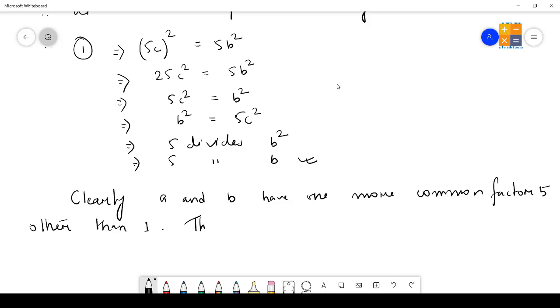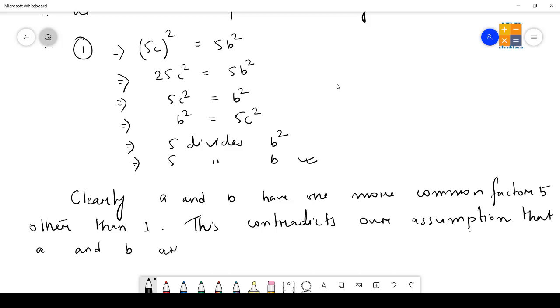This contradicts our assumption that A and B are co-primes. Hence, root 5 cannot be a rational number.